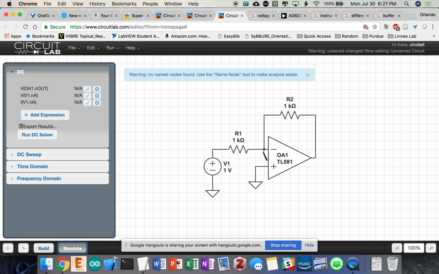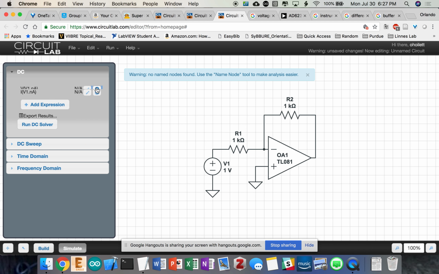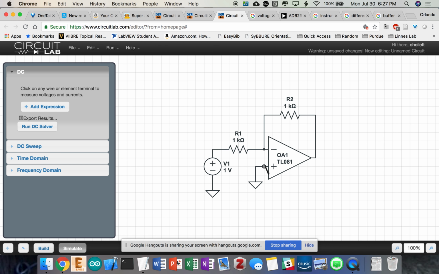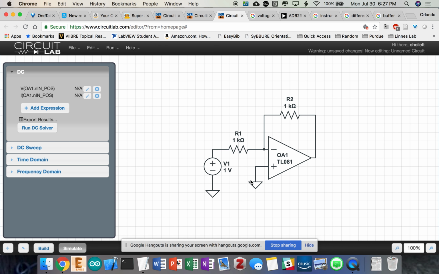The voltages of the two inputs of the amplifier should be equal. So if this voltage is ground, is 0, which it is because it's connected to ground, this voltage should also be 0 or ground, or close to it. Does that make sense? That's just a rule of how amplifiers are designed. The input voltages are equal to each other.